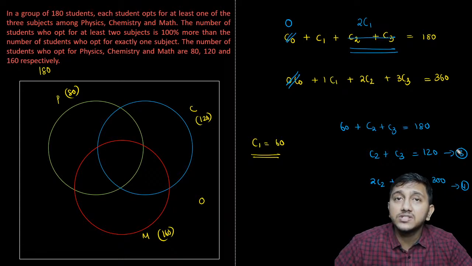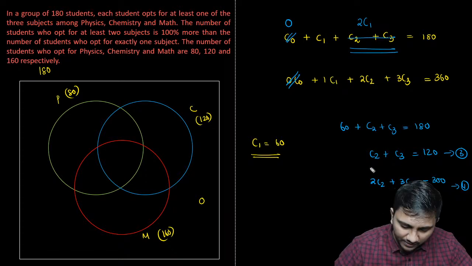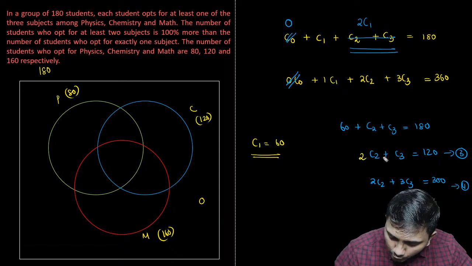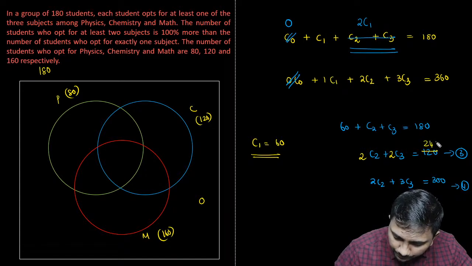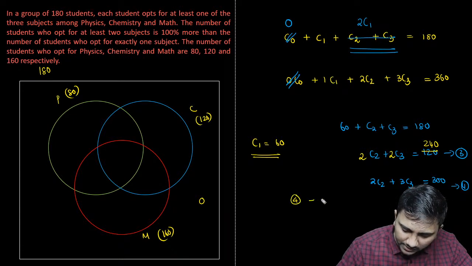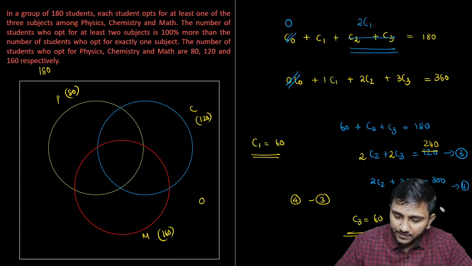Now using equation 3 and equation 4, I can find out the value of C2 and C3 because these are two equations of two variables, right? So if I multiply the first equation by 2, it will become 2C2 plus 2C3 is equal to 240. Now I can do equation 4 minus equation 3. So C2 will get cancelled, and I'll get C3 as 60.